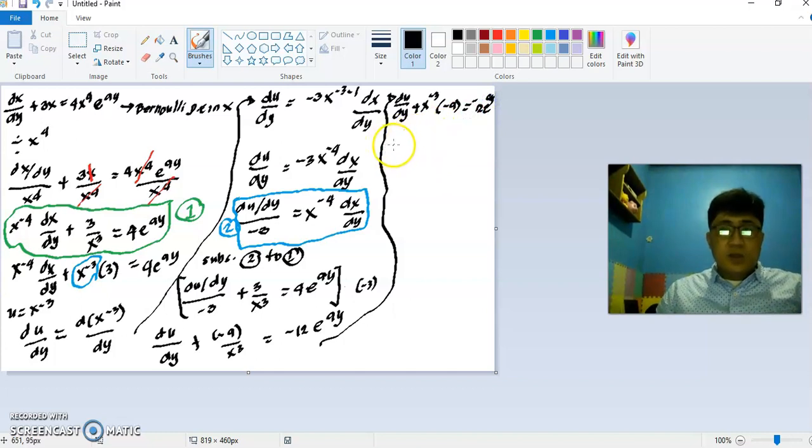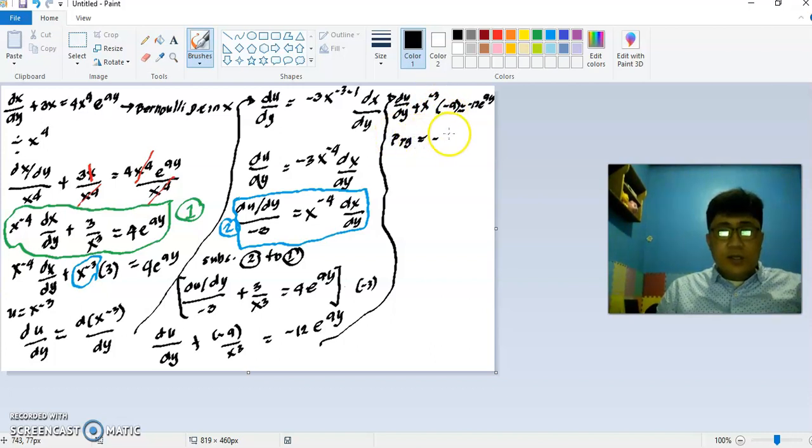Okay. So after that, let me make this one smaller. Negative 12. Okay. Negative 9y.